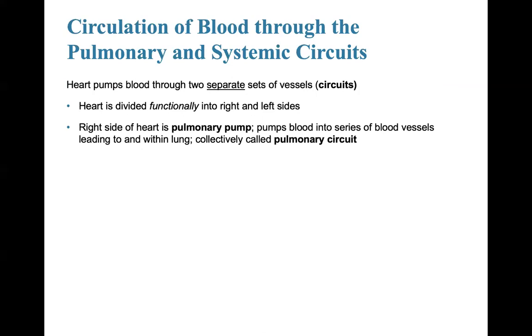This pumps blood into a series of blood vessels leading to and within the lung, collectively referred to as the pulmonary circuit. The primary purpose of the pulmonary circuit is to oxygenate the blood, release the CO2, and then return that blood back to the heart to be pumped into what we're going to define in a minute as the systemic circuit.